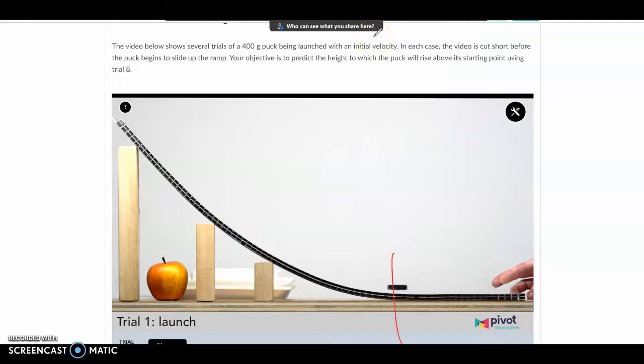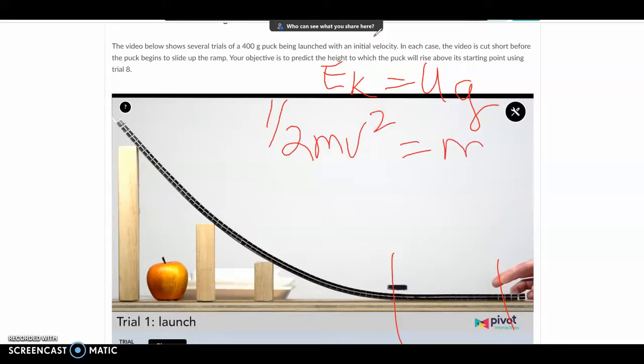So the truth is, if I can find the velocity here using the tools, if I know EK should equal UG, right? That means 1/2 mv squared should equal mgh. And I've been reminding you on the AP exam, when you know it's a conservation, when you know something about it, say it. So in this case, conservation of energy.